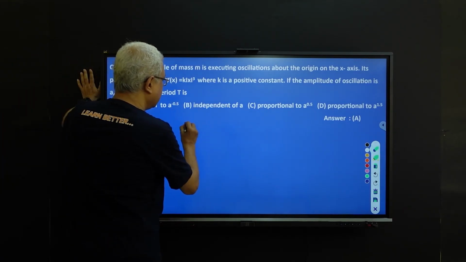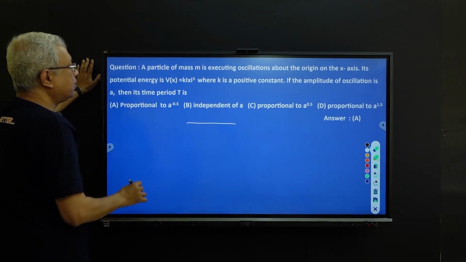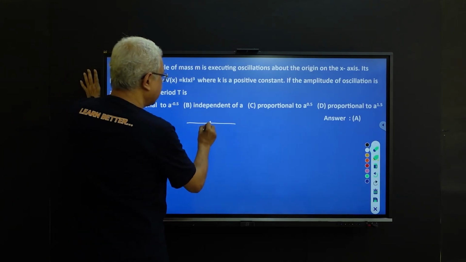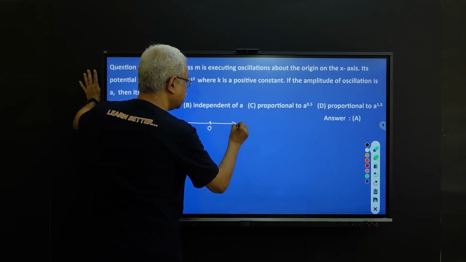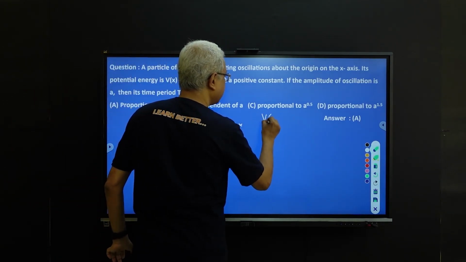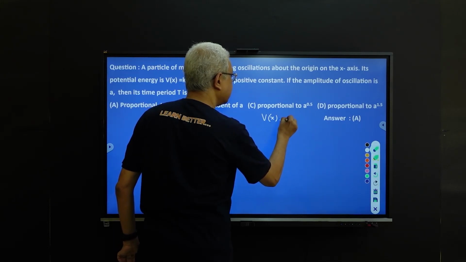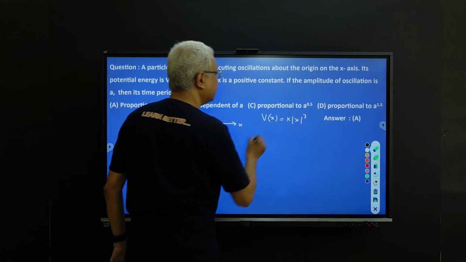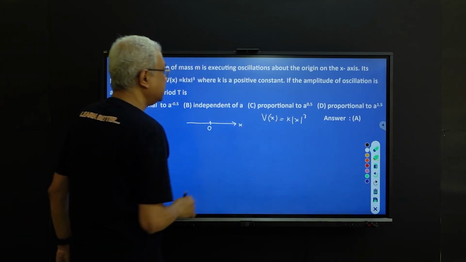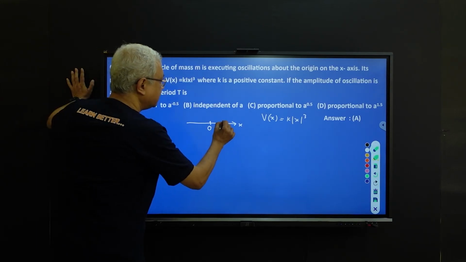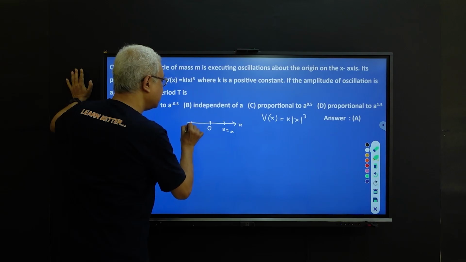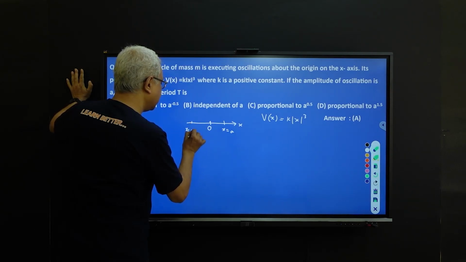Now, the particle of mass m is executing oscillation about the origin on the x-axis. This is the origin, this is the x-axis, and its potential energy V(x) is given as k mod x cube. k is a positive constant. If the amplitude of oscillation is A, that means I can assume that this is the x equal to A point, and this is the x equal to minus A point.